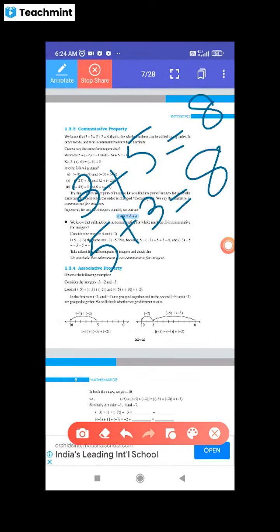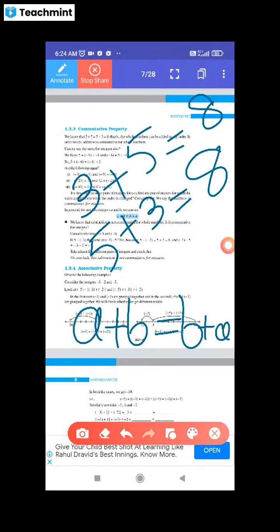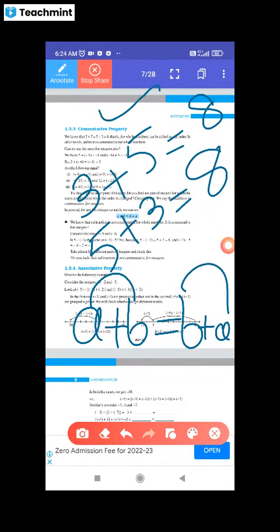It will be like a plus b is equal to b plus a. The general formula is a plus b is equal to b plus a. Whether you add a to b or b to a, you will get the same answer. So this property we can consider as commutative property under addition. Understood?